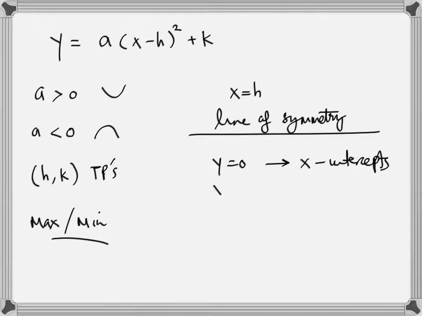Now, x is equal to h, a line parallel to the y-axis, is the line of symmetry. If, for example, the examiner asks for the x-intercept, that's very simple. Whether a line or a curve cuts the x-axis, y is equal to 0. If it cuts the y-axis, x is equal to 0.